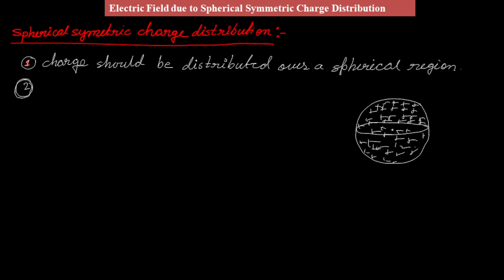In order to check whether this charge carries spherical symmetry or not, we can draw two concentric spherical surfaces like this. After drawing these spherical surfaces, we have to calculate the electric charge density, sorry, not electric field.